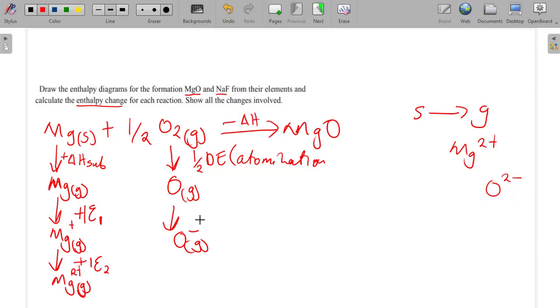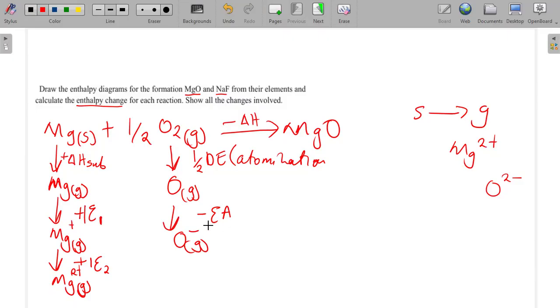And we are saying the amount of energy we are using to add that electron is the electron affinity, and the first electron affinity is negative, because heat is lost.